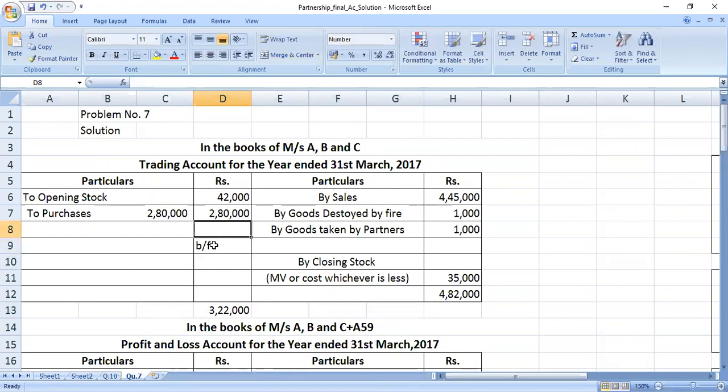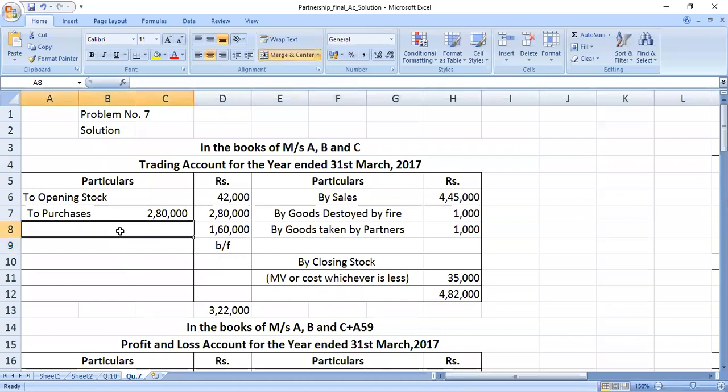How will we find it? Credit total minus debit total, you will get the balancing figure. 4,82,000 minus 3,22,000. Balancing figure 1,60,000.